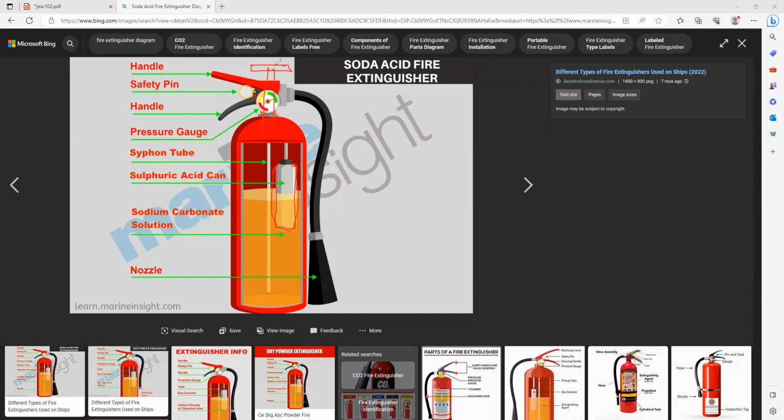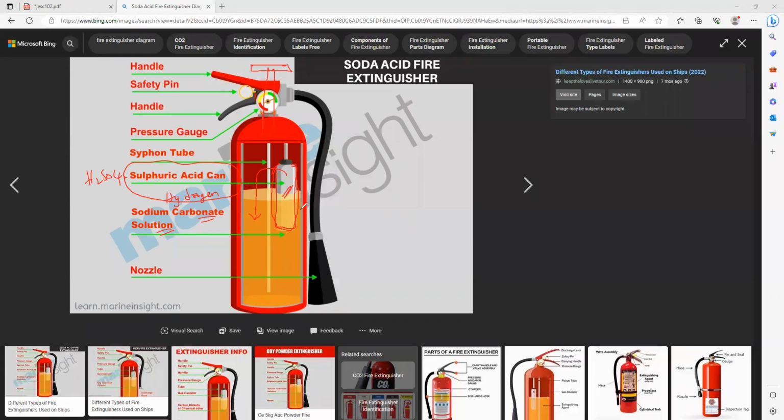If you press this piston or hit it to the ground, it will go and hit this glass bottle, which contains sulfuric acid. So the sulfuric acid will come and mix with this sodium hydrogen carbonate solution. Not sodium carbonate; I said it wrong. Sodium hydrogen carbonate.